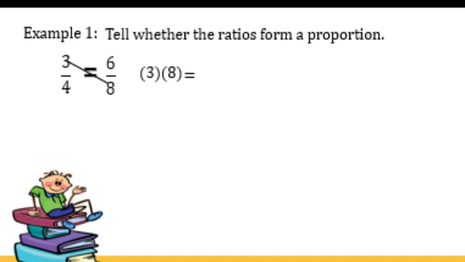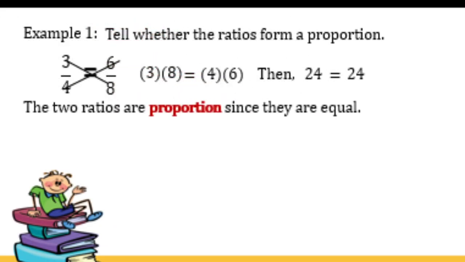The product of 3 and 8 is 24, and 4 times 6 is 24. Then 24 is equal to 24. The two ratios form a proportion since they are equal.